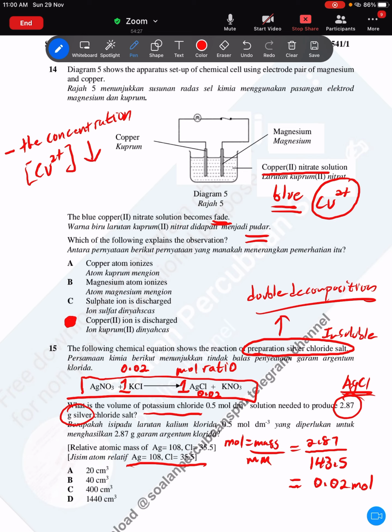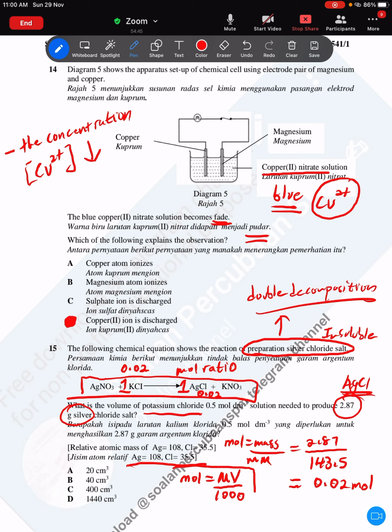Yay! You know the mole. But they are asking for volume. Therefore, you are going to use this formula. If you still remember, mole equals MV over 1000.